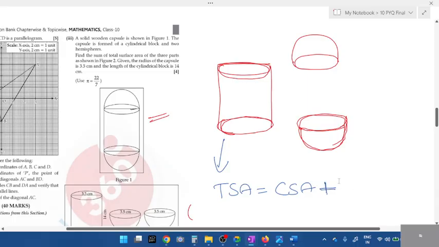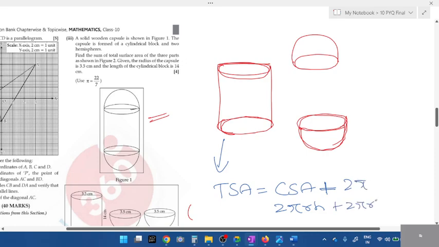Yeah, there are two circles. So what is curved surface area formula? 2 pi r into h is the curved surface area. 2 pi r h plus, how many circles are there? Two circles.